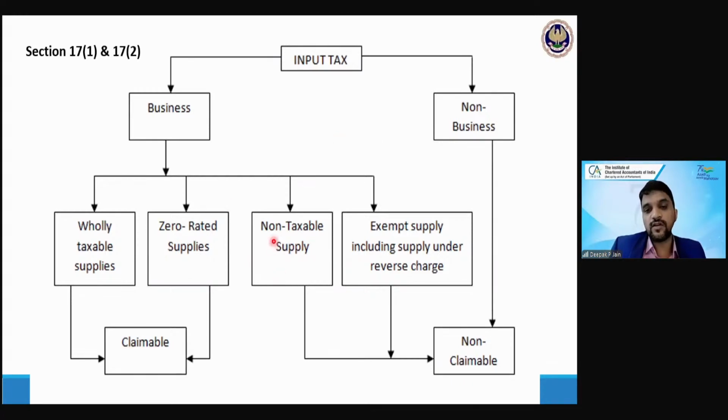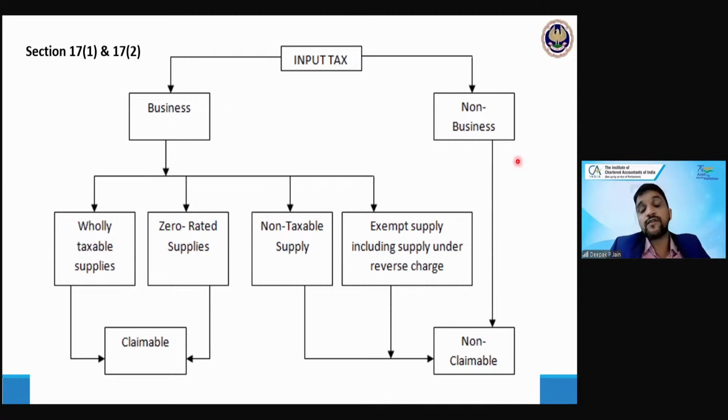But if you use it for non-taxable supply or for exempt supply, then your credit is not claimable. So input tax credit, if you use for business, is available only when there is a taxable supply and a zero rated supply. But if it is a non-taxable supply and an exempt supply, you cannot claim the credit.